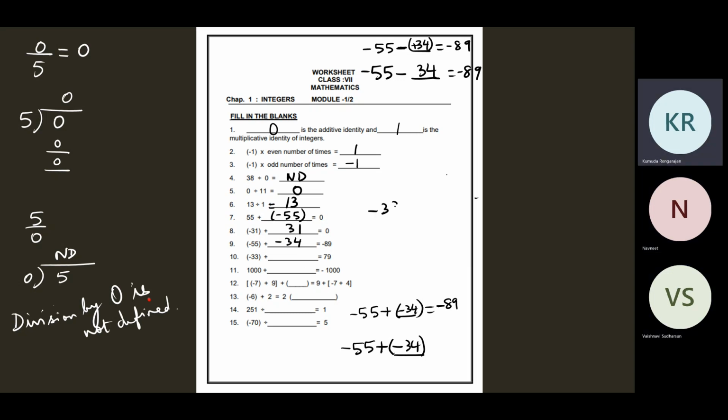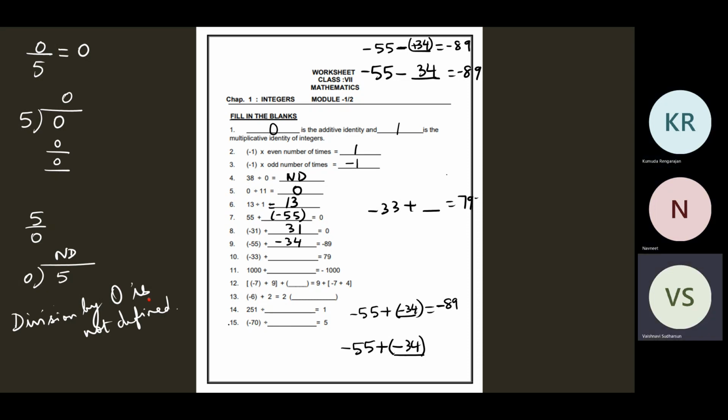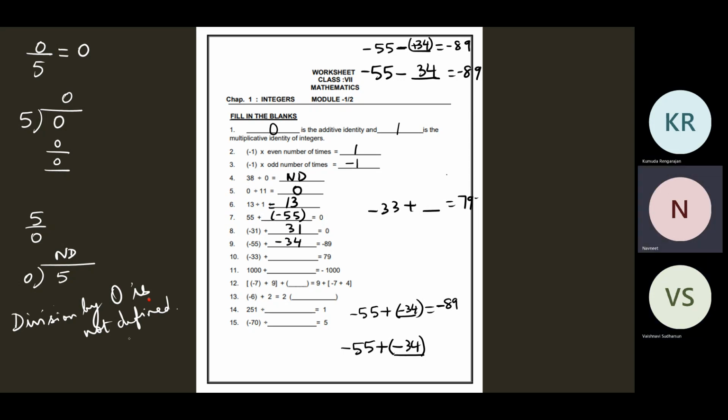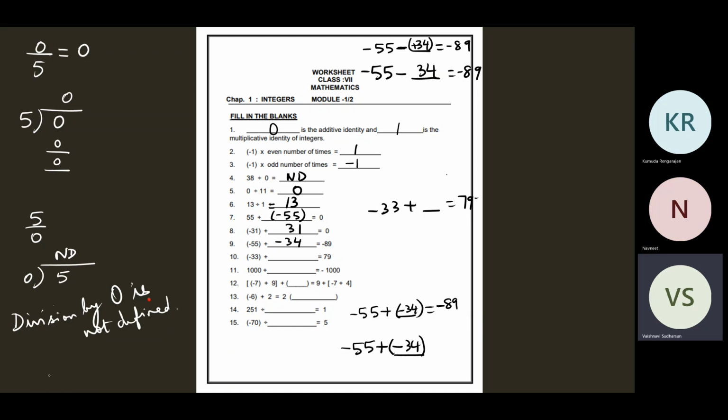Minus 33 plus what is 79? This is for Anirudh. Ma'am, one minute. Navneet, you need to also work, okay? Yes, ma'am. That's what I'm doing. I think the answer is 40. No, ma'am.